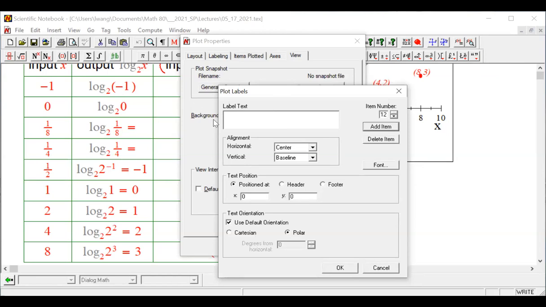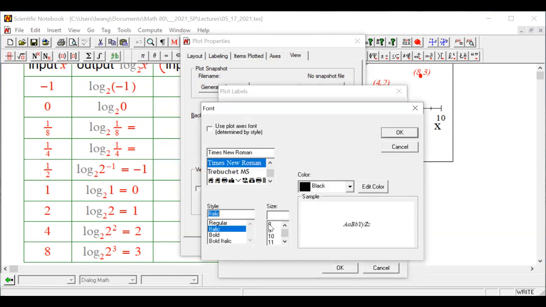Okay, the input is 0.5. We can also use half. The output is -1. So 0.5, -1. I'm going to still use a red.